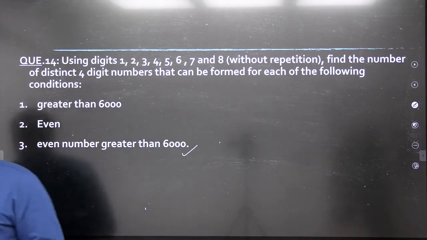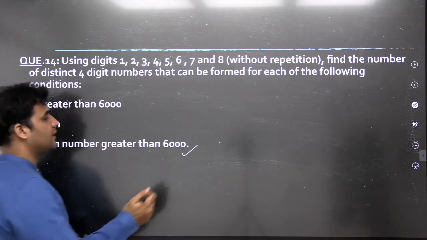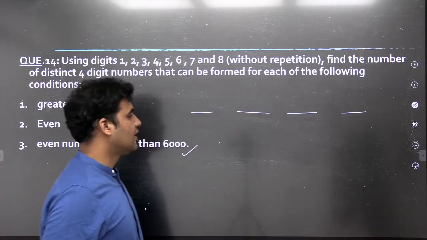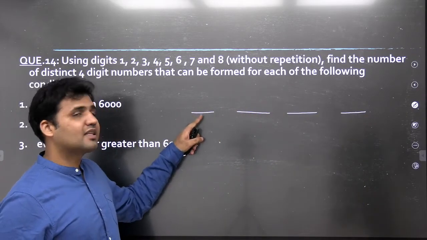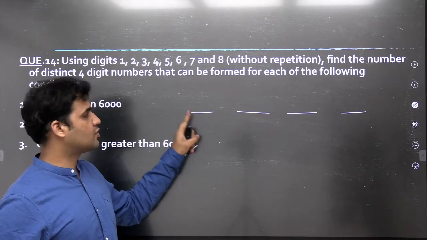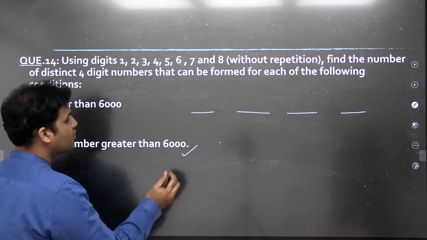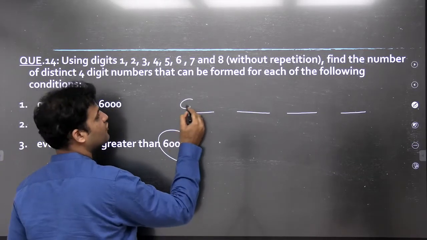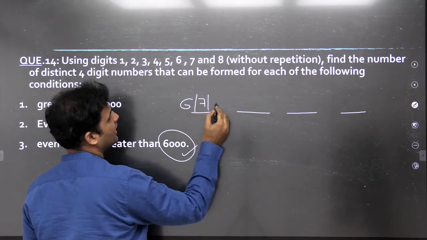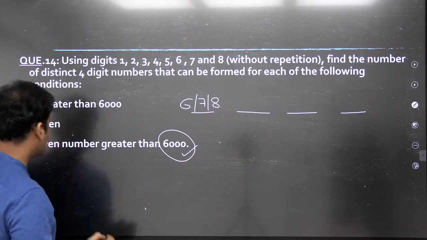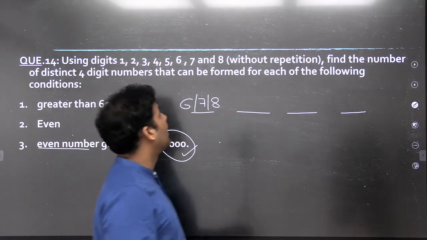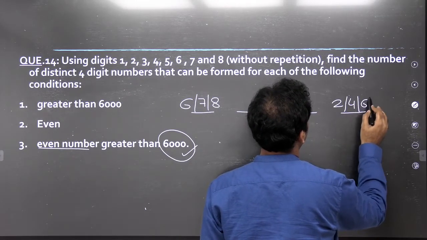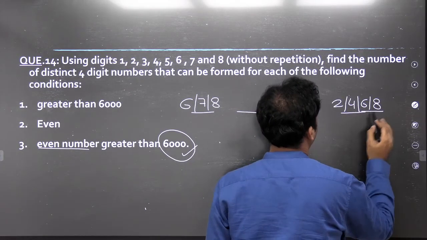So, how will you solve these types of questions, guys? Whenever you are supposed to satisfy two conditions, first of all, let's see what digits I need to place to satisfy both conditions. To make sure the number is more than 6,000, I have to place 6, 7, or 8 here. And to make sure the number is even, I'll have to place 2, 4, 6, or 8 over here.